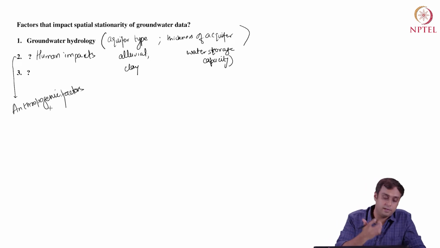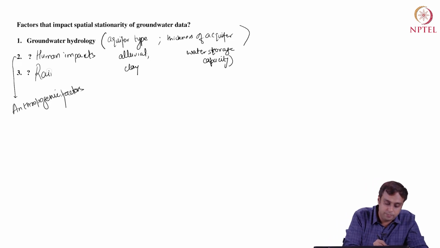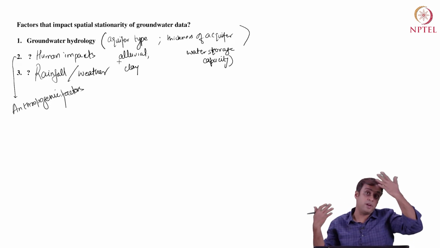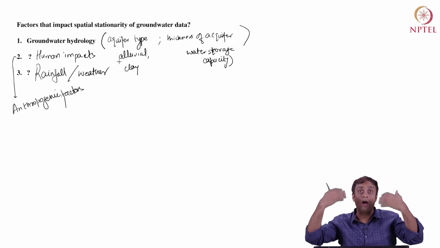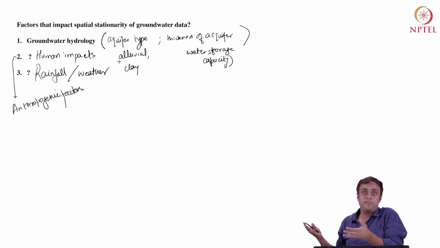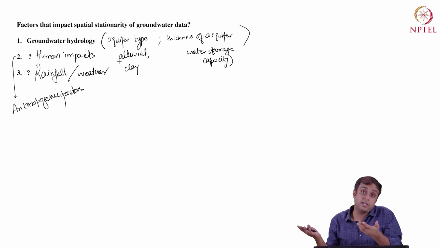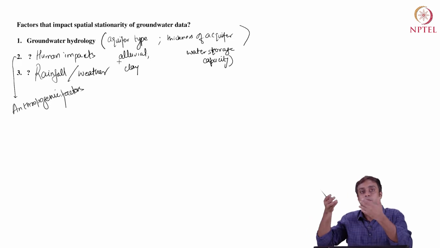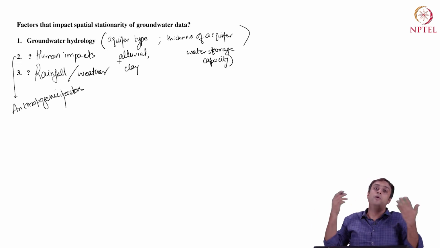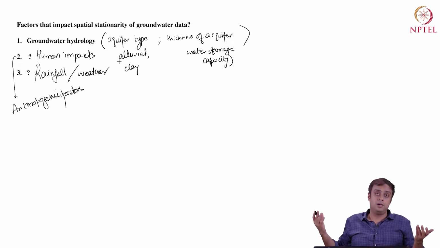The third factor is obviously the rainfall, right. More generally, we can say weather, right. For a given time period, if it's a good rainfall year, well, you can expect high recharge. If it's a bad rainfall year, it's a drier patch as far as the weather is concerned, then you can expect the water levels to be slightly lower, because the demand is ongoing whether or not it rains so much.